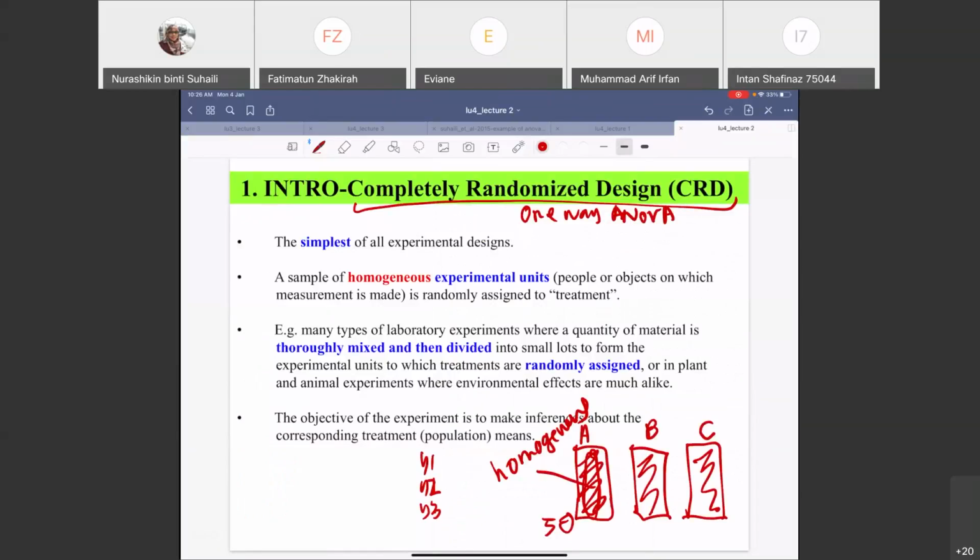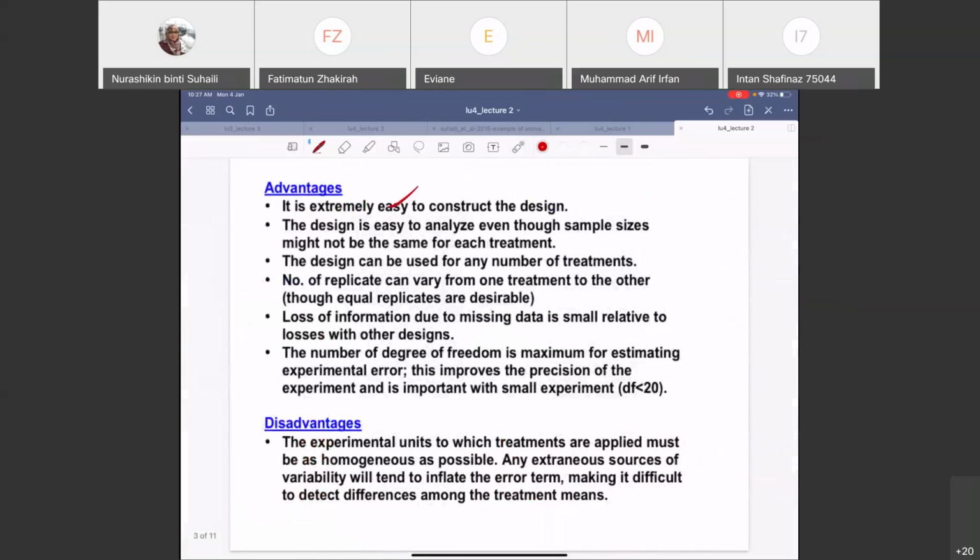You must focus on year 1, year 2, year 3. I know that it's organized, but in terms of conduction it is more tedious compared to if you just randomize and take any data. That's why this one is claimed to be easy to be done.